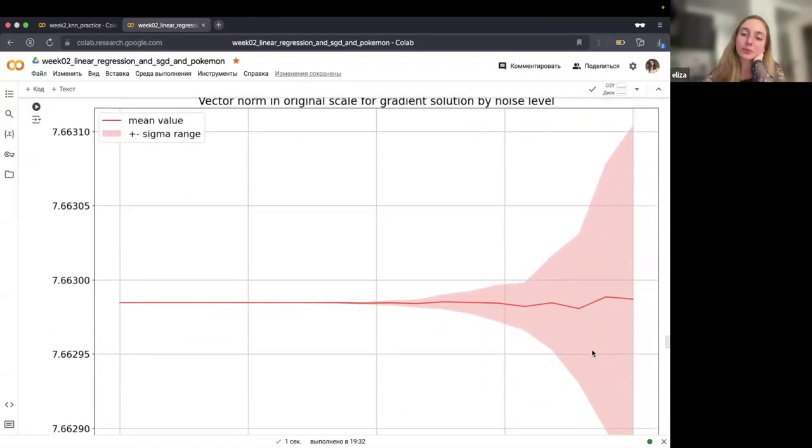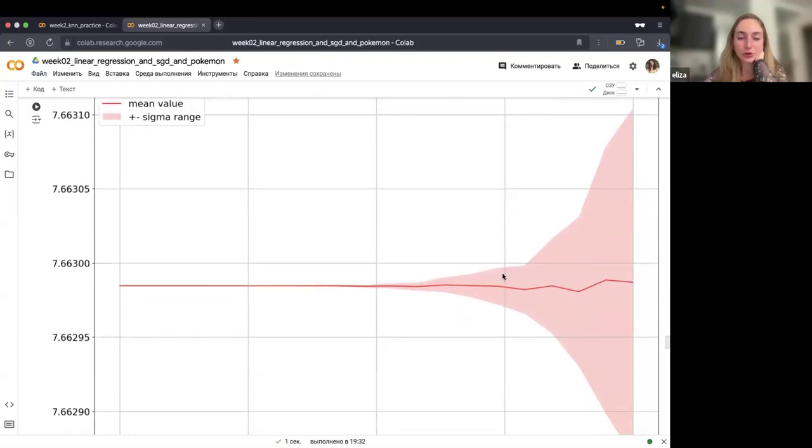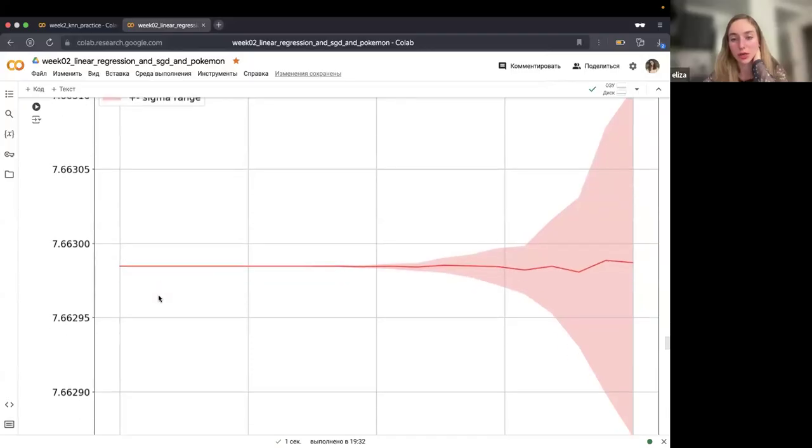If we look at the gradient solution, we can see that our collinear features don't influence the learning model.